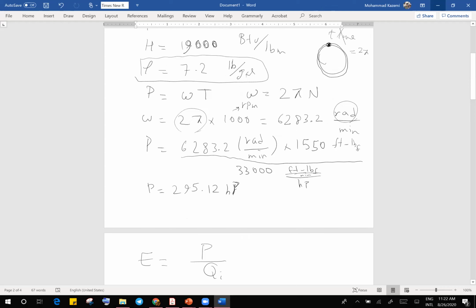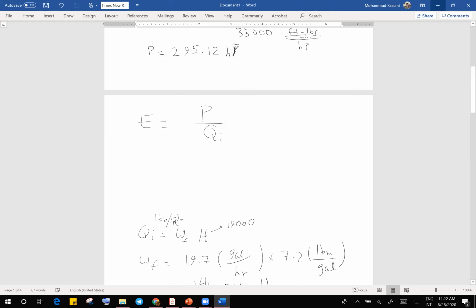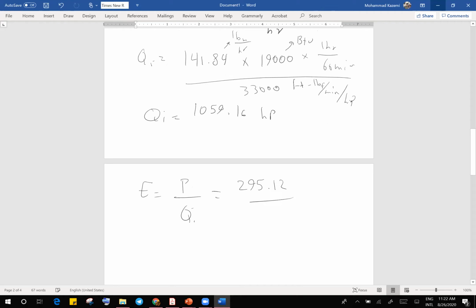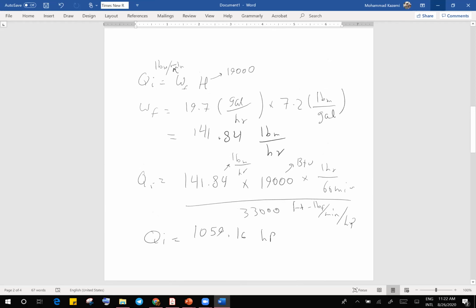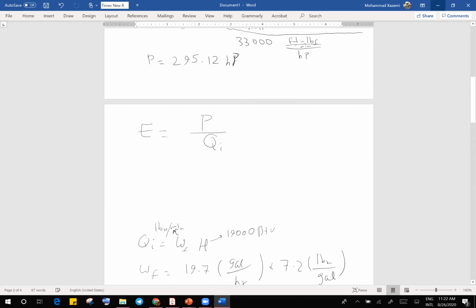P was calculated to be 95.12, Q_I is 1059.16, both in horsepower, so you should get 27% efficiency based on this. So that's part B. Any questions in part B? Nope.